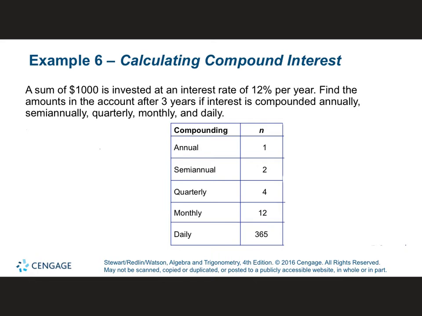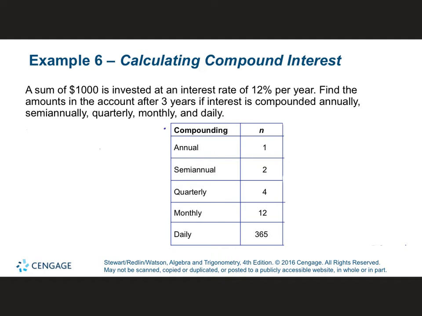Semi-annually means twice a year, so you would use 2. If they said something is compounded quarterly, well, quarterly, guys, how many quarters are in $1? How many quarters are in a football game? How many quarters are in an hour? It's 4. If something's compounded monthly, you would use 12 because there's 12 months in a year. And if something was compounded daily, it's 365.